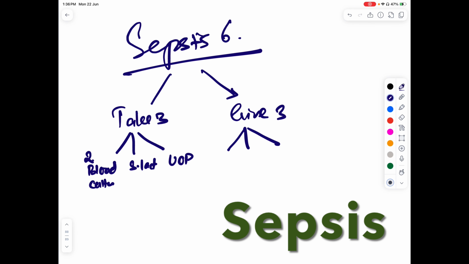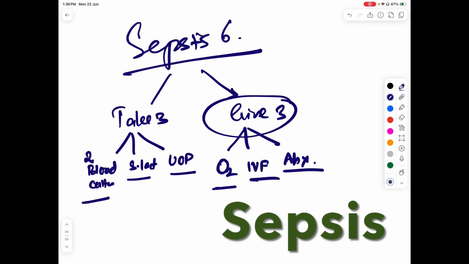And what do you give? Oxygen, IV fluids, antibiotics. So give three, take three: take blood samples, measure serum lactate and urine output.